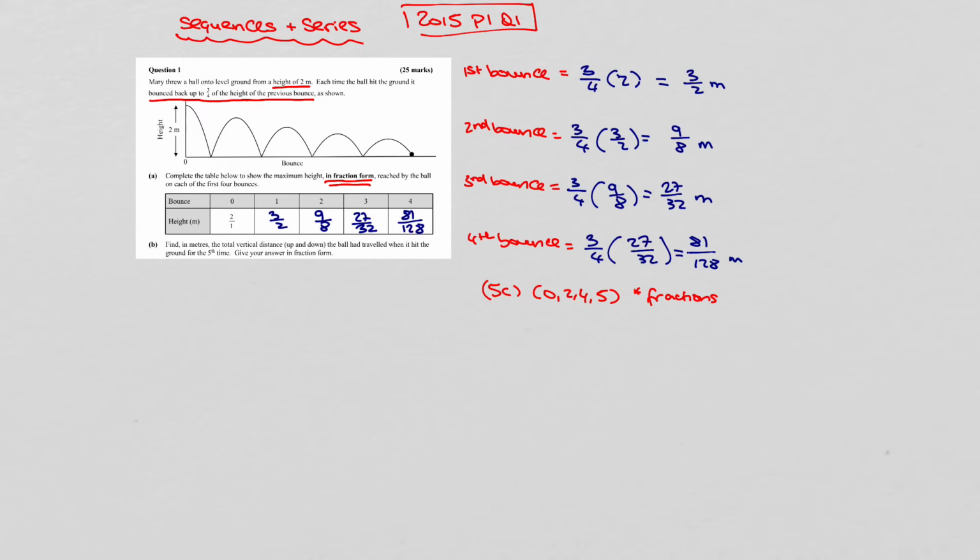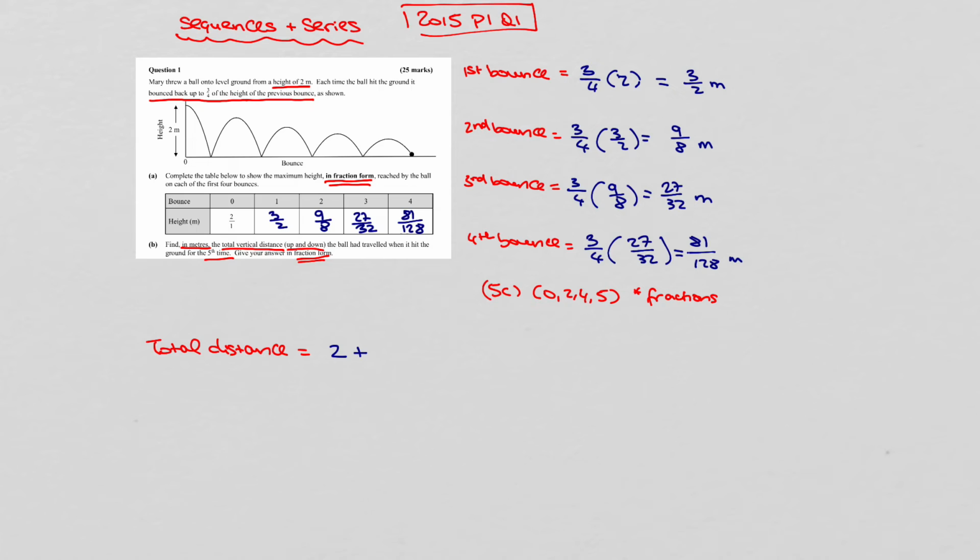In B, we have to find in metres the total distance vertically, so that means both up and down, that the ball has travelled when it hits the ground for the 5th time. And we have to again give our answer in fraction form. If we're looking at hitting the ground the first time, the total distance on its first hit is going to be 2 metres, so it's dropped from 2 metres.